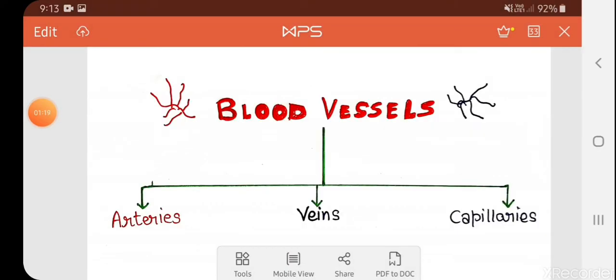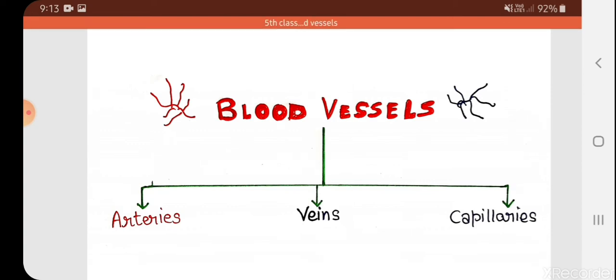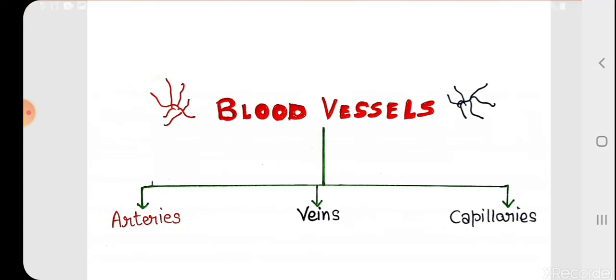So basically, blood vessels are of three types in our human body. First is arteries, other is veins, and the third one is capillaries. Arteries carry oxygen-rich blood from our heart to the various parts of our body.